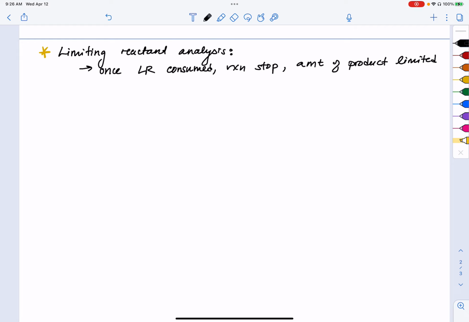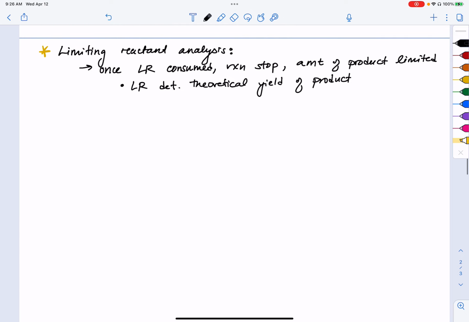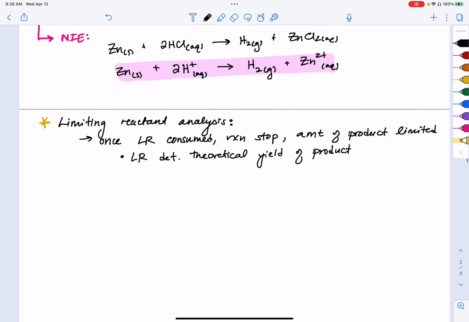In other words, the limiting reactant determines the theoretical yield of product, meaning how much product the reaction could make if these mole quantities are reacted in their stoichiometric proportion, meaning according to whatever the mole ratios are in the net ionic equation. So it's just a little bit of review of the definition of a limiting reactant.